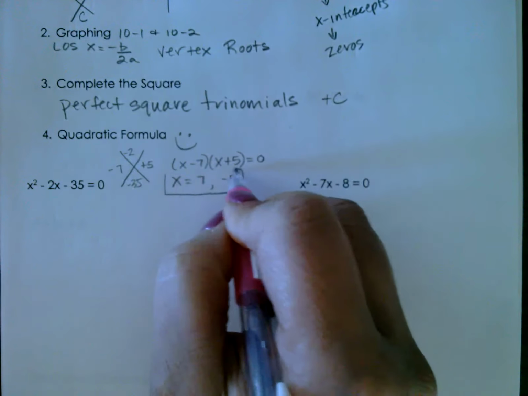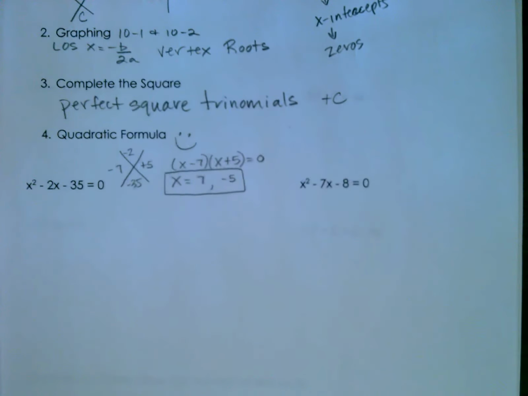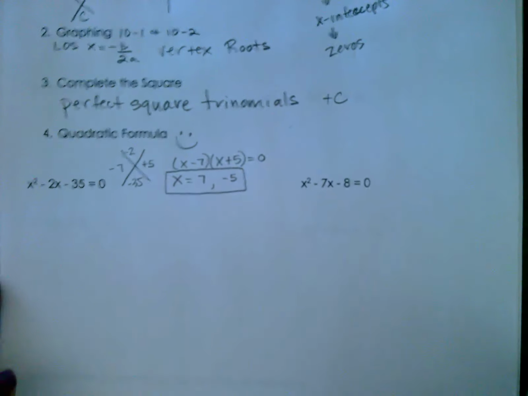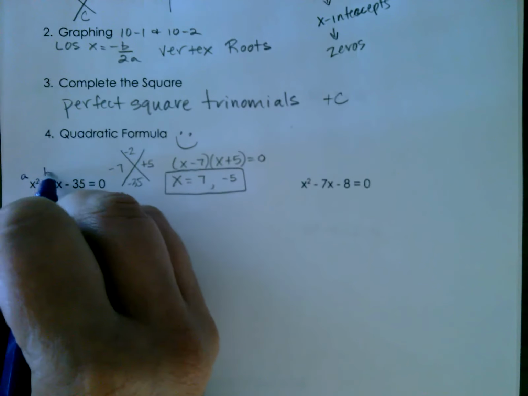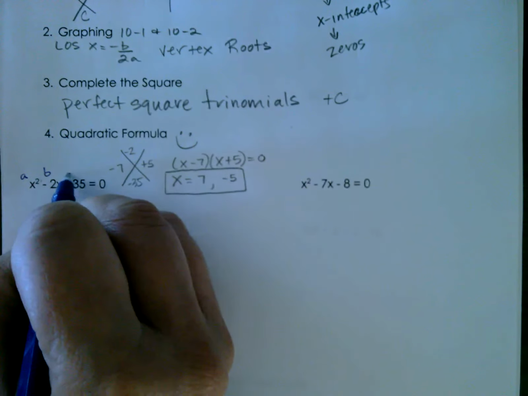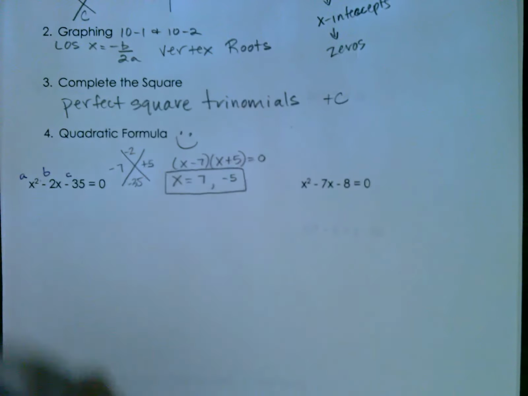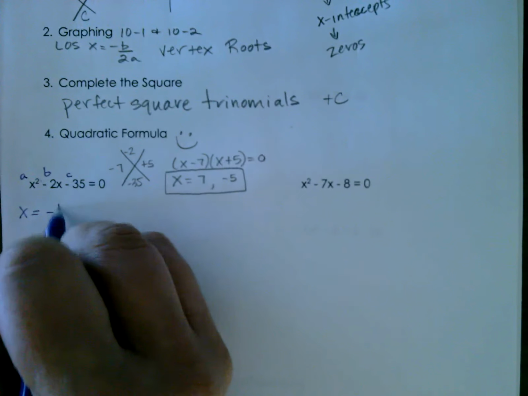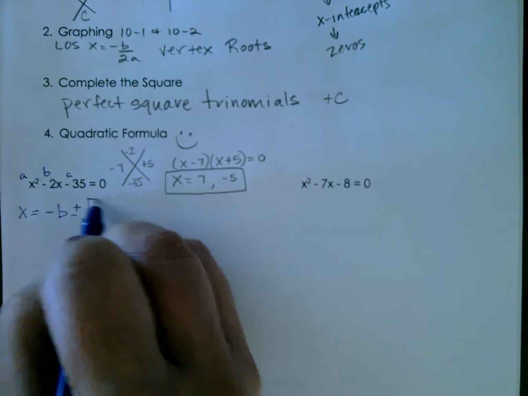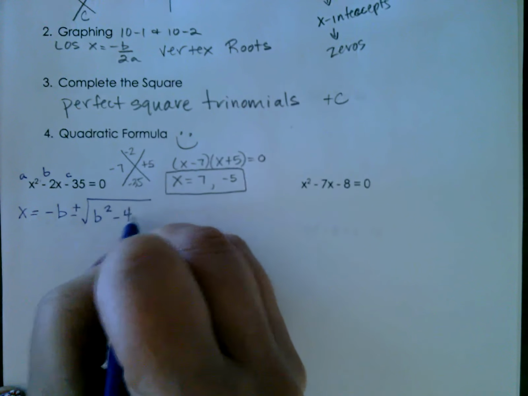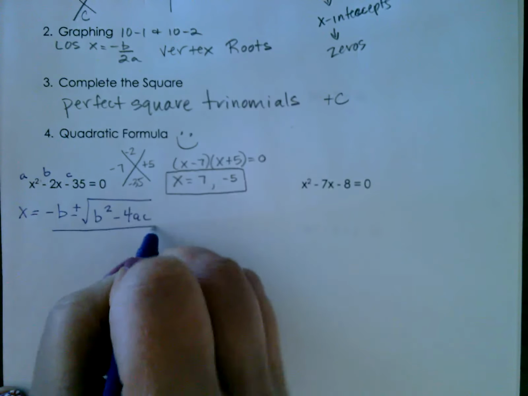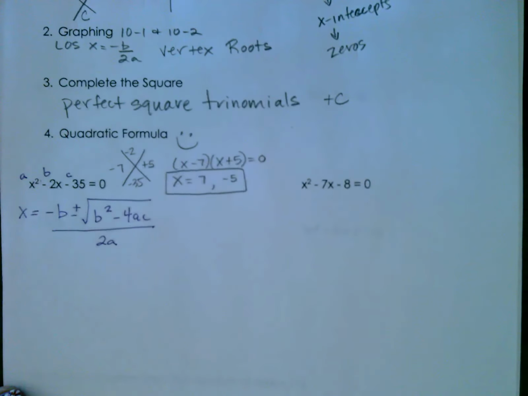I always like to start with some that are not super complex so we can work on the procedure instead of getting bogged down with crazy numbers. Just a reminder, there's A, B is -2, and C is -35. So x equals the opposite of b plus or minus the square root of b squared minus 4ac, all divided by 2a.